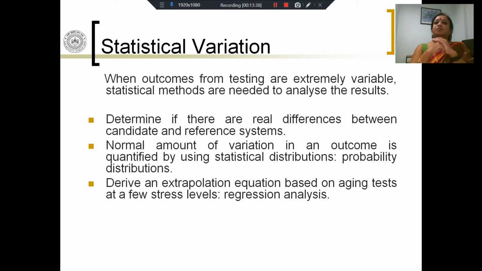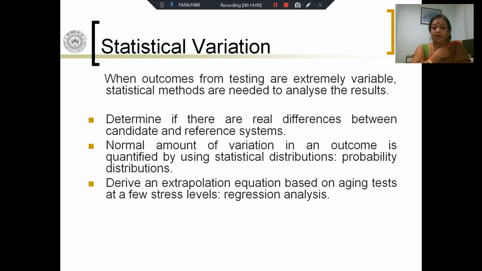You cannot come to this kind of a judgment. So what you have to do is perform a large number of tests on both the materials, the candidate material and the reference material, and then use statistical analysis to figure out if there are real differences between the candidate and the reference system.